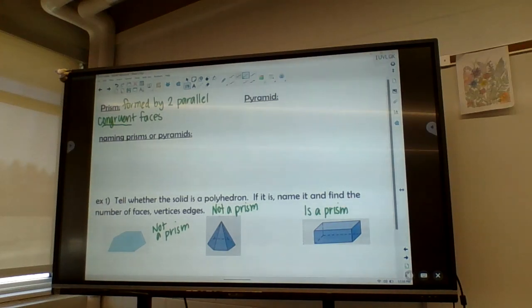Okay. Our next one is a pyramid, and it's exactly what it sounds like. It's basically the base is a polygon. And then a pyramid, just basically all the points come up together at the top. So they connect the faces.